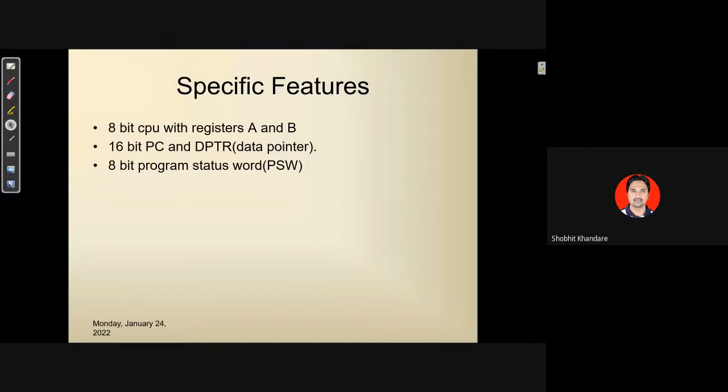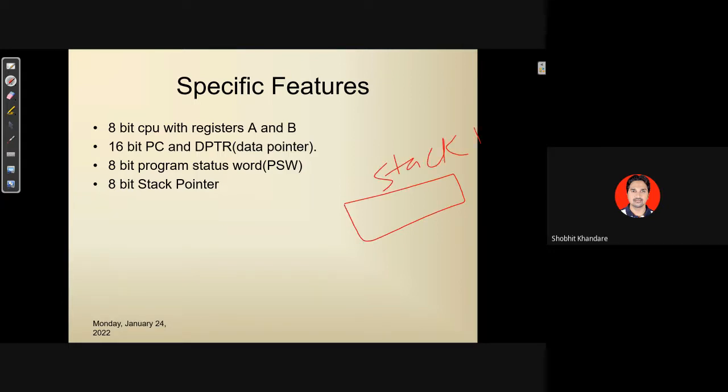So we have seen 3 features. Next feature, it has an 8-bit stack pointer. There is one more register which is called a stack pointer, and the size of this is also 8 bits.